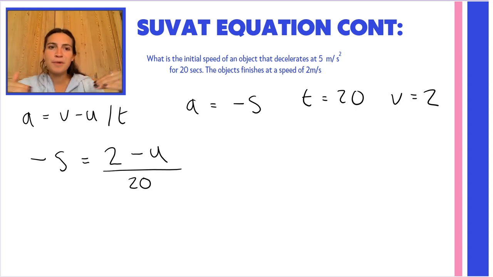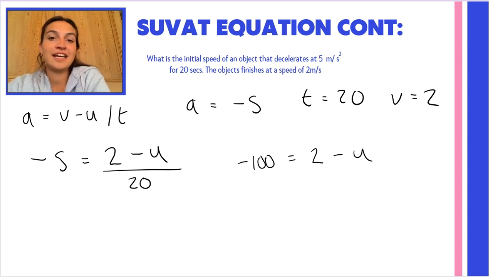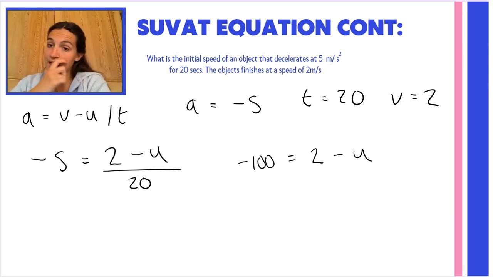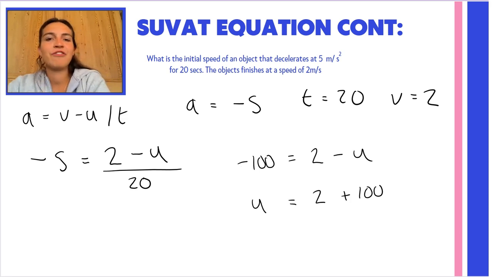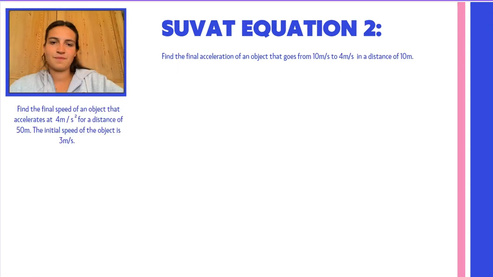If I multiply both sides by 20, I get minus 100 is 2 minus U. Then I'm going to bring that U over to the left-hand side and bring that 100 over to my right-hand side, so that I have U is equal to 2 plus 100, 102 meters per second.